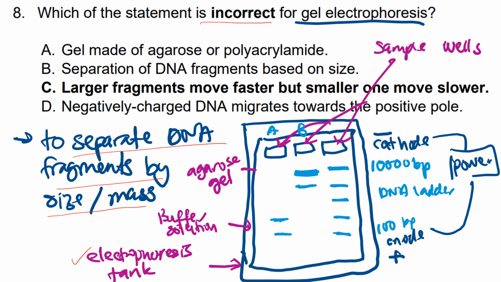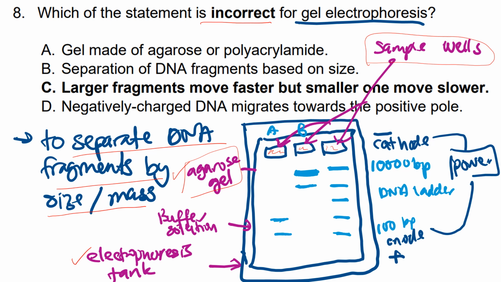In order to run your DNA sample, you need to prepare agarose gel that contains sample wells. These are the sample wells, where you will load your DNA sample.